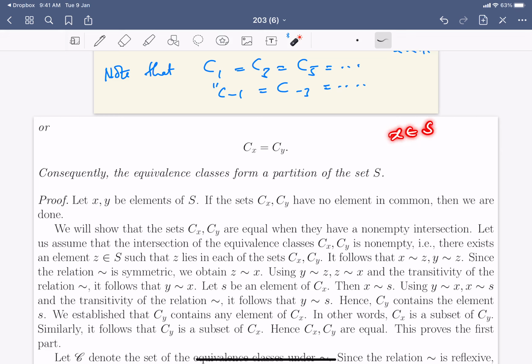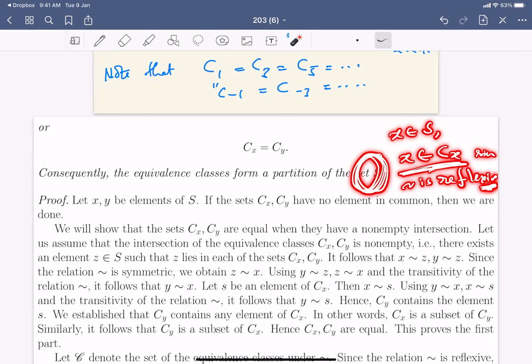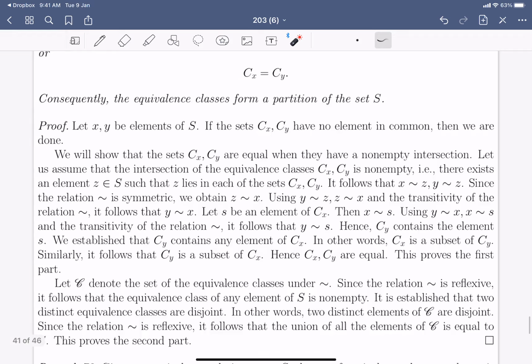So if you pick an element x from S, then you know that x belongs to Cx, since tilde is reflexive, so x is related to x. So x lies inside Cx. So if you collect all the equivalence classes and take that union, you're certainly going to get all the elements of S. So there is no trouble with that.